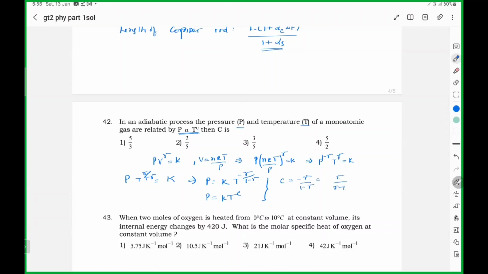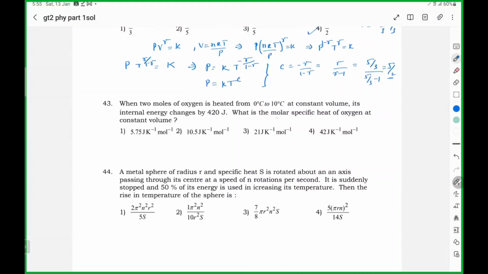It is monoatomic, with 3 degrees of freedom, gamma value is 5 by 3.